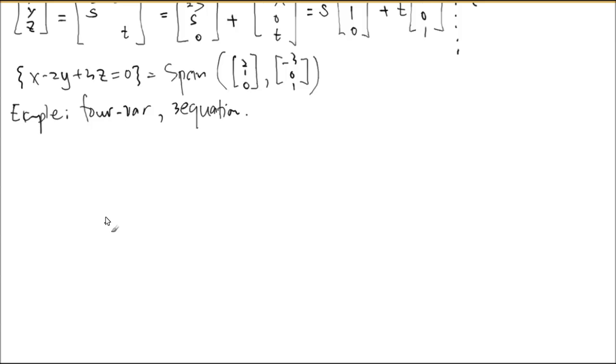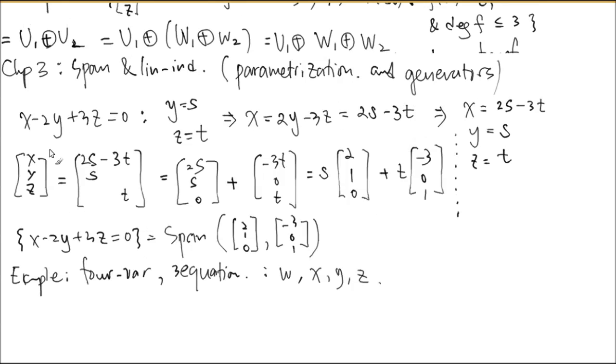Can you imagine that? So w, x, y, and z. Those are the variables. And how many equations did we have before? 1 equation, right? So here I have 4 variables and 3 equations involved.